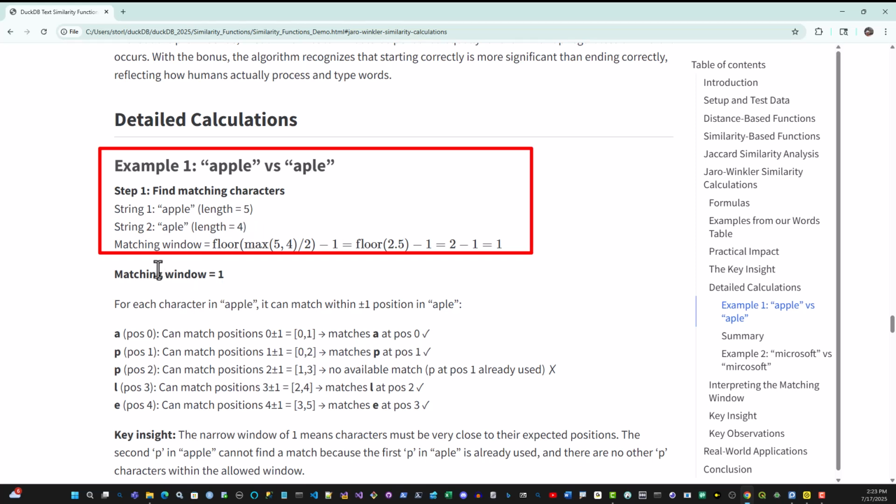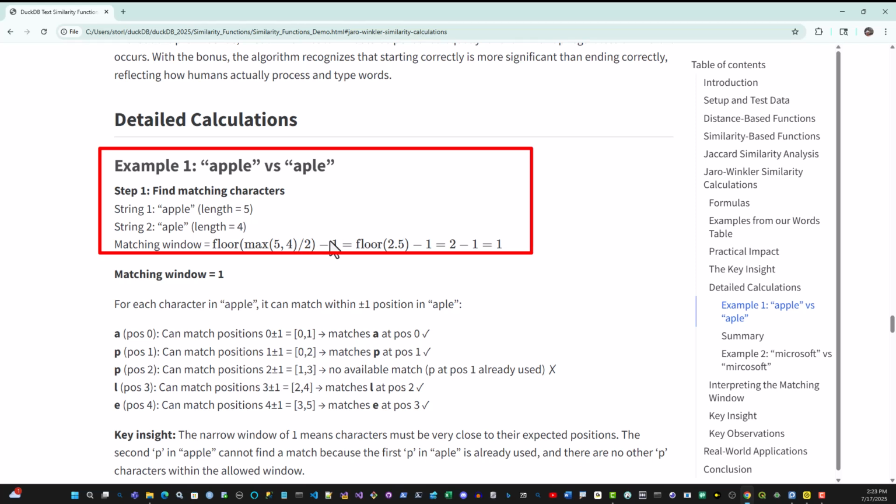So the matching window, you can find that by taking this floor function of the max of the length of the first word or the length of the second word. So the max of that is obviously 5, but because you don't want decimals, you take the floor. So when you take 5 divided by 2, that gives you 2.5, right? So you have to drop that half there.